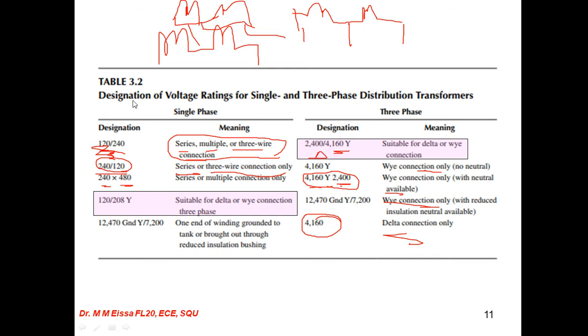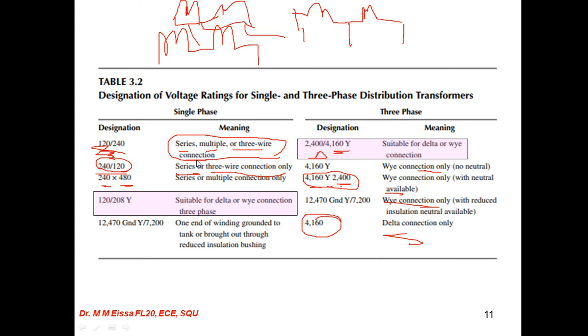Also, we have the designation of voltage rating for single and three phase distribution transformers. If we have a designation like 120/240, this means we have series, multiple, or three wire connections.